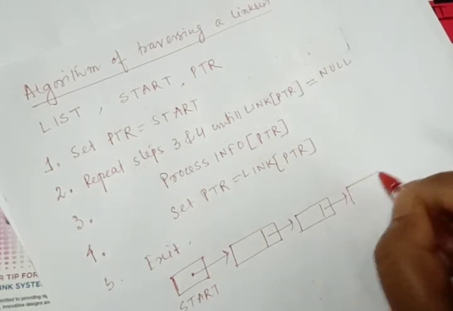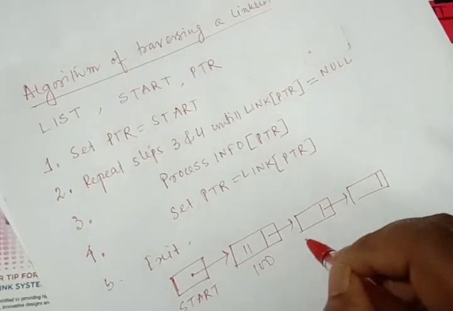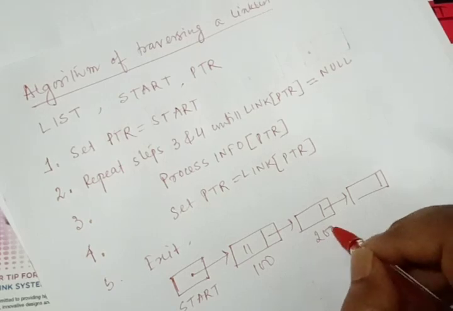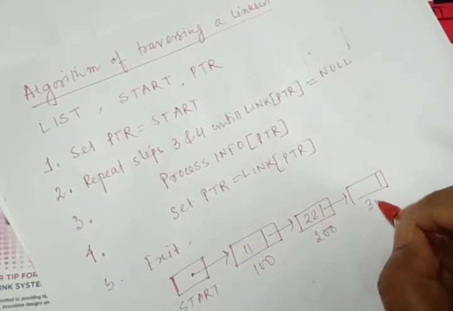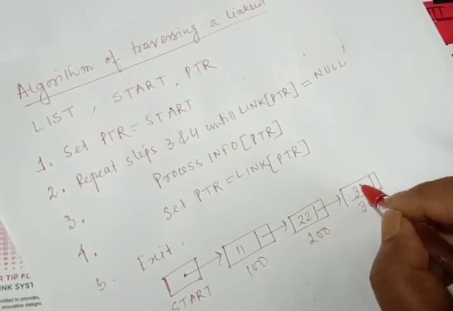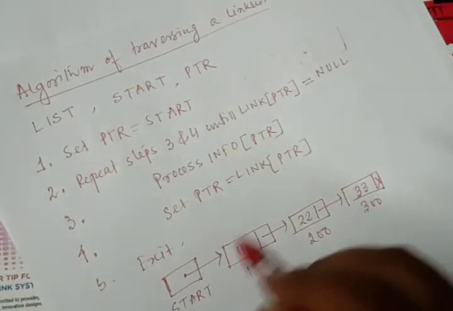Suppose there are 3 nodes in the list. 100 is the address of the first node, 11 is the information part, 200 is the address of the second node, 22 is the information part, 300 is the address of the third node, and its information part is 33, and null indicates the end of the list.